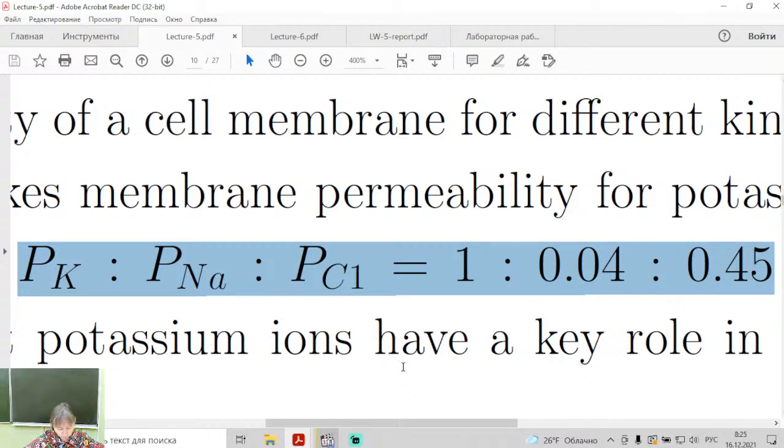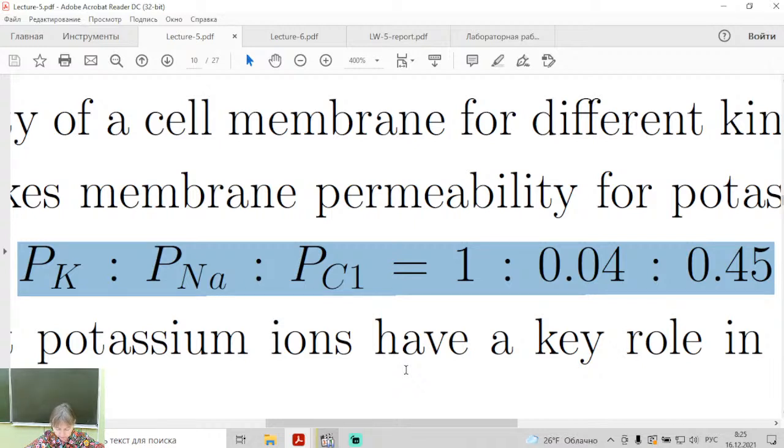The process of action potential formation is related to a significant and non-simultaneous change of membrane permeability for sodium and potassium ions. First, after reaching the threshold value, the sodium channels open and the bulk of sodium ions pour into the cell.